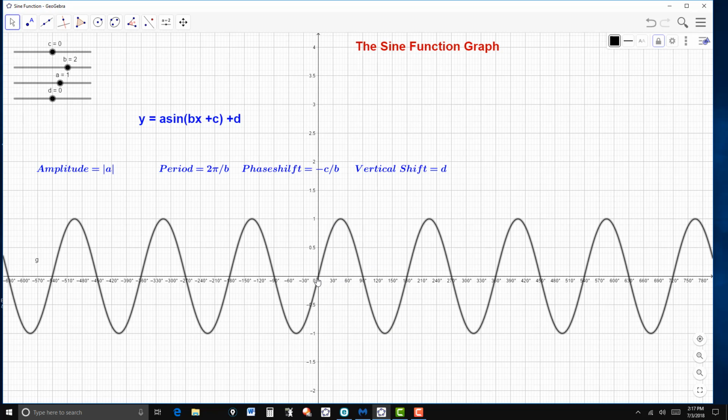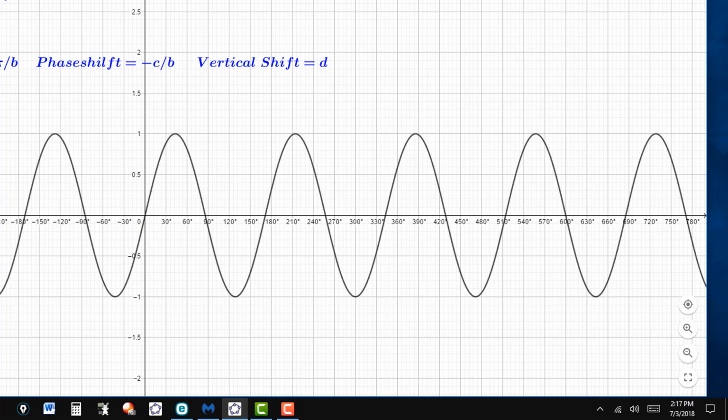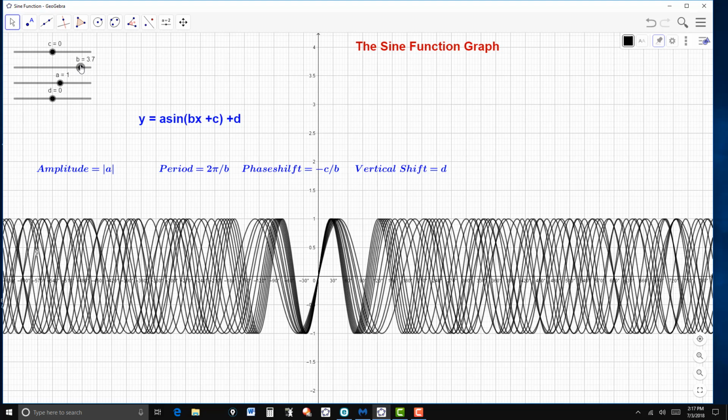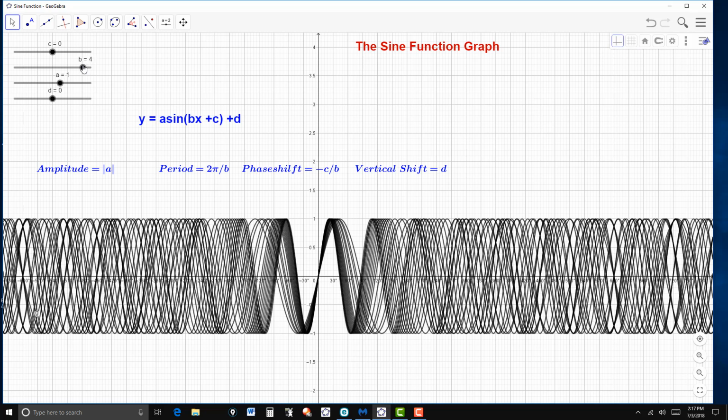But you can see now the main period goes from 0 to 180 degrees, instead of 360. Let's go one more, to 4.